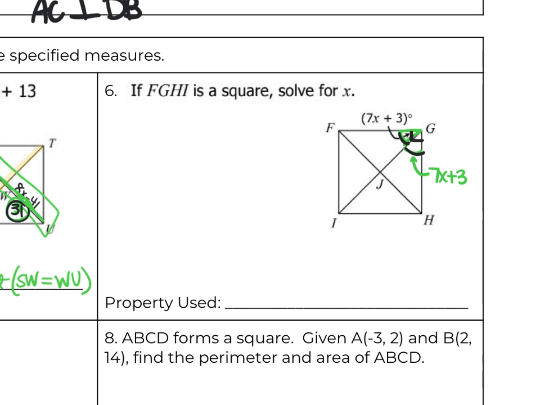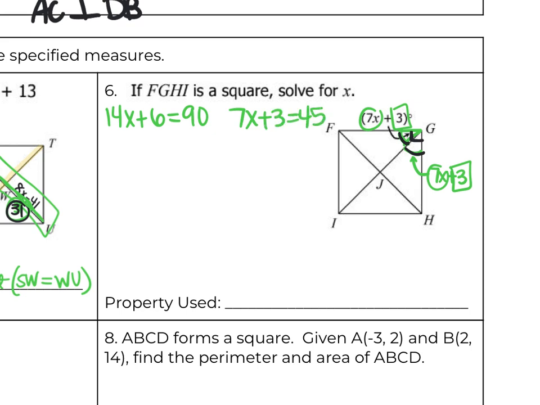So you could do 14x plus 6 because I just combined these and set them equal to 90. You may realize if you think this way, 90 bisected would be 45. So you could do that.